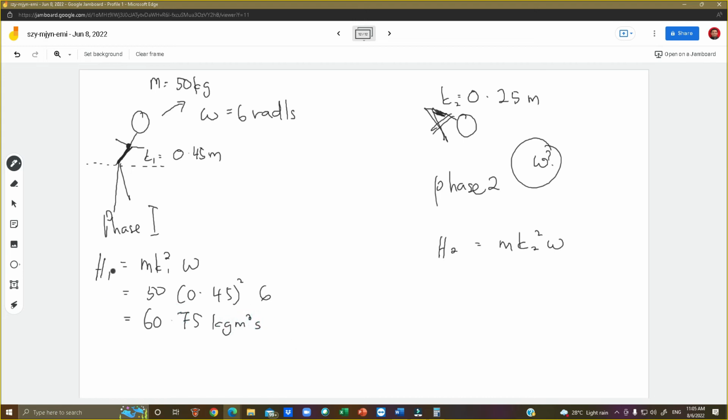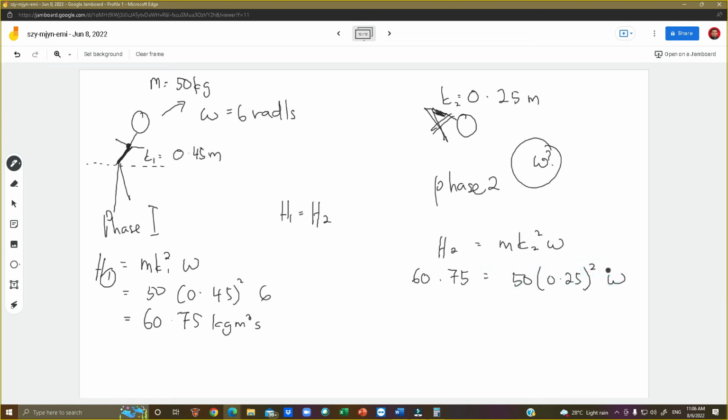Jadi, since principle of momentum conservation, H1 is always equal with H2. So we have 60.75 here. The m does not change, but the k does change.